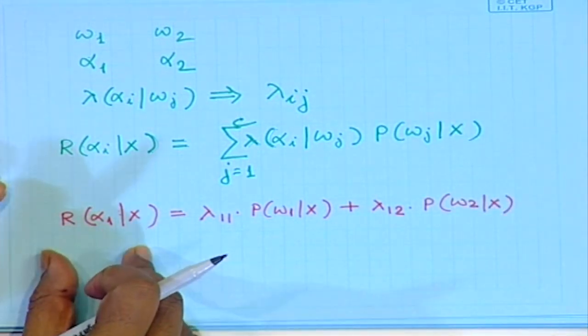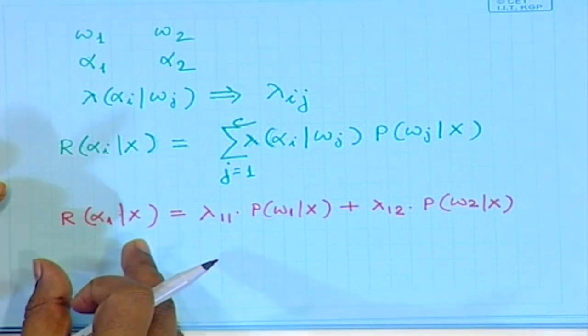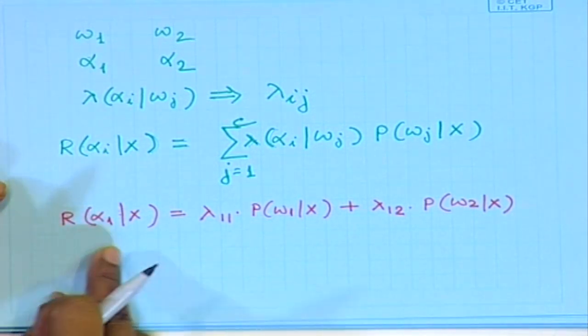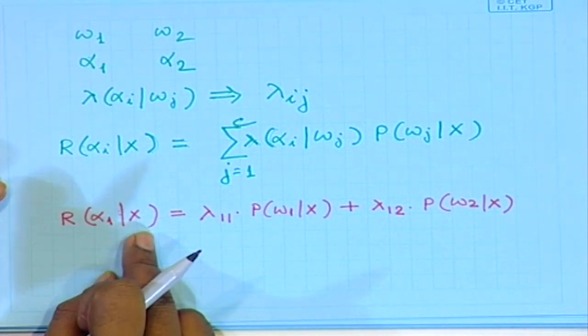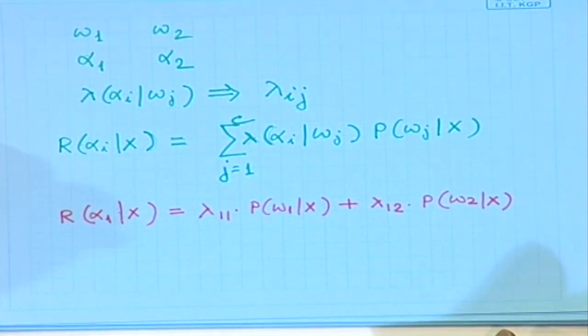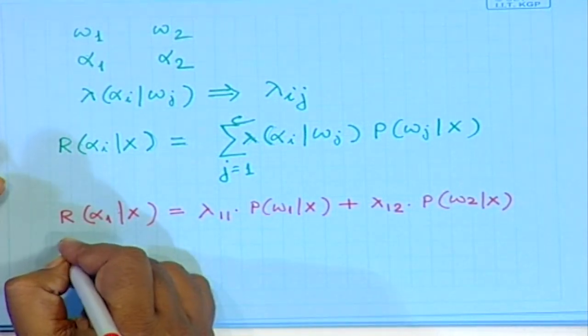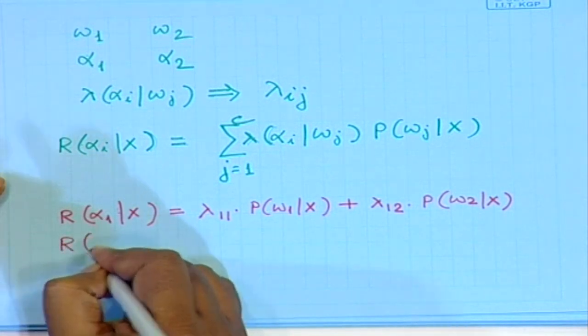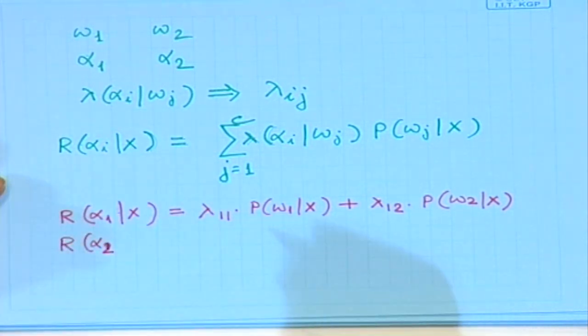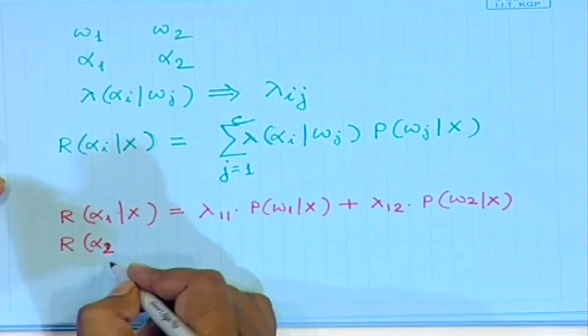If I expand the loss function, the expected loss for taking an action alpha i on an observation vector x, then this is the expansion of the loss function, the expected loss function or the risk function. Similarly, I have the other option of taking action alpha 2. I can take one of these 2 actions.